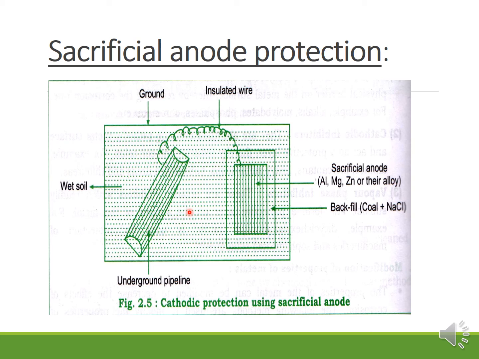As per electrochemical corrosion, the more active metal will become an anode and undergo corrosion. The less active metal will act as a cathode and remain as it is. So here aluminium or magnesium or zinc will become the anode and undergo corrosion and deterioration.